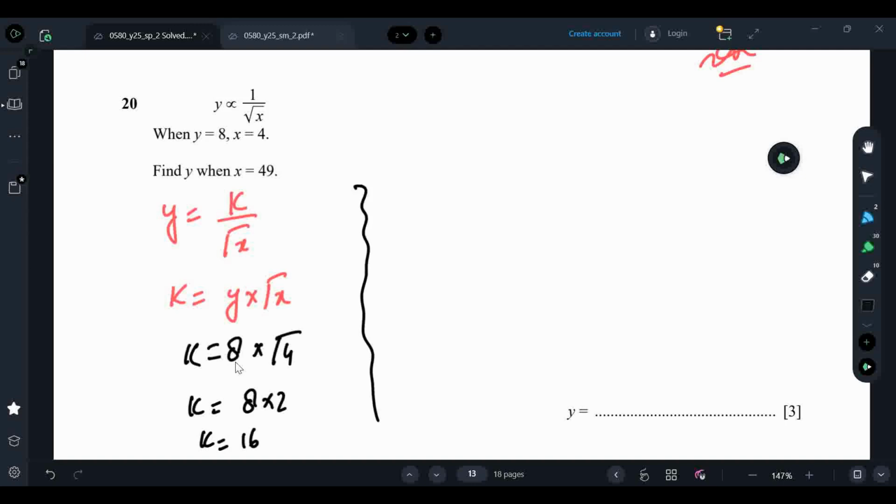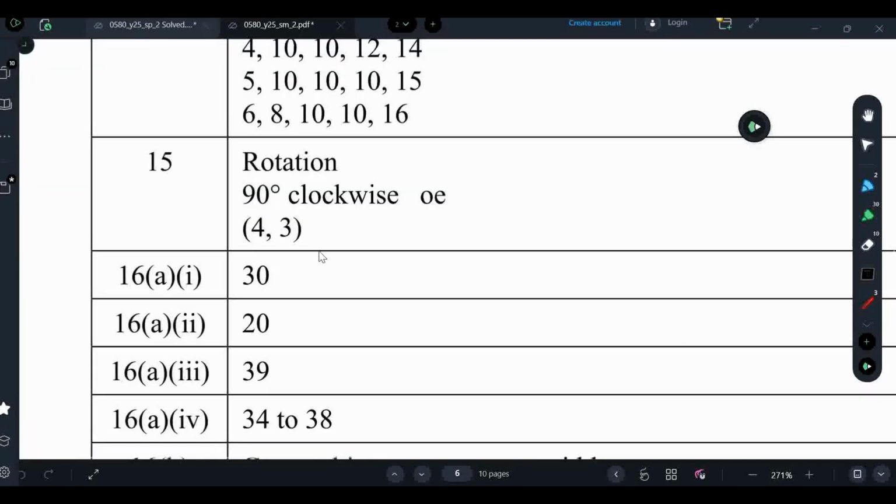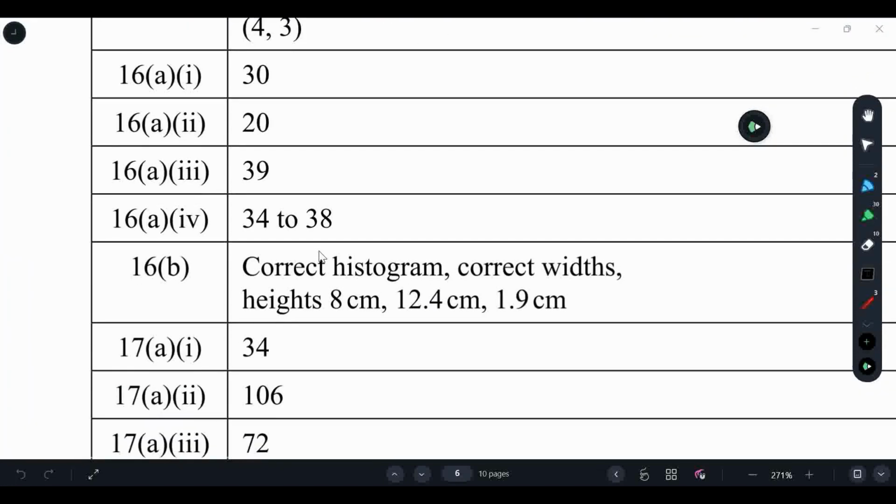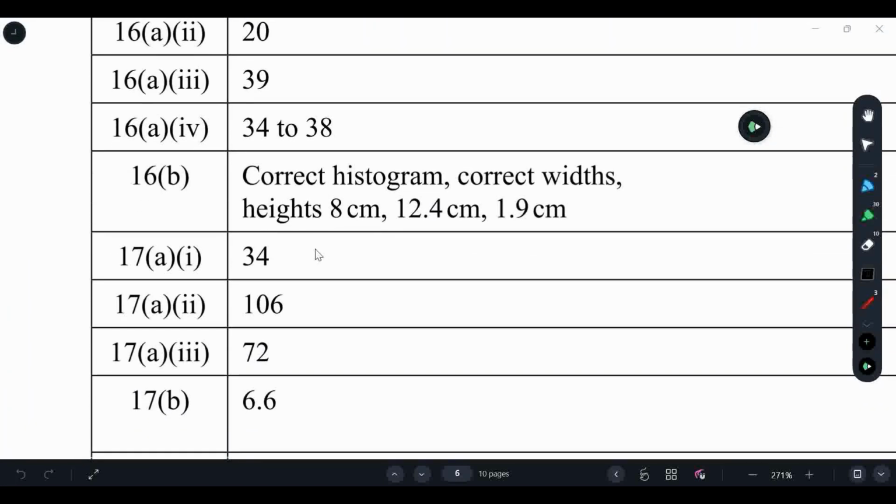Now we need to put it in the next one. So y is equal to k divided by square root of x, where x is 49 and k is 16. So y is equal to 16 by 7. So 16 by 7 will be the final answer. Let's check this answer. Histogram 34, 106 and 72.